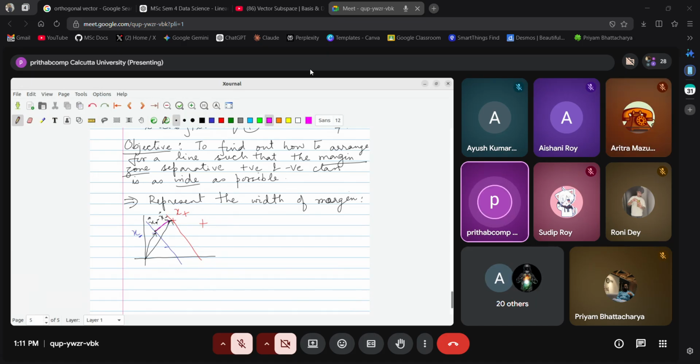I am interested in this vector, which is the distance between 2 points which define the boundary, one on the negative side, one on the positive side. So the width of the margin zone is defined as this vector x plus minus x minus, which is actually a difference vector.